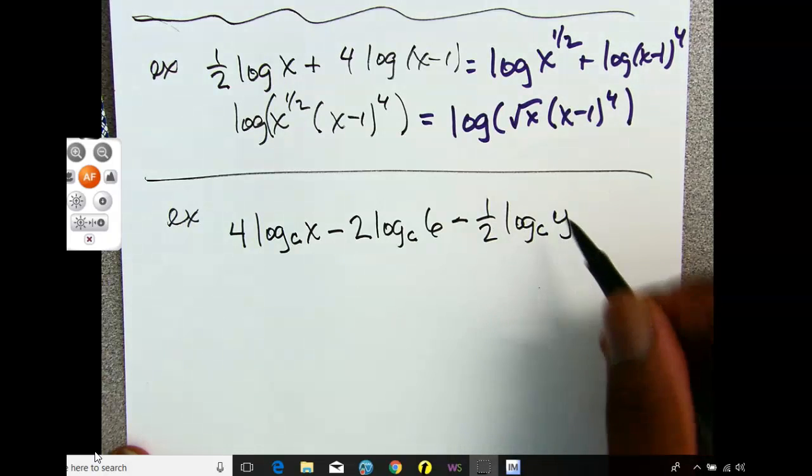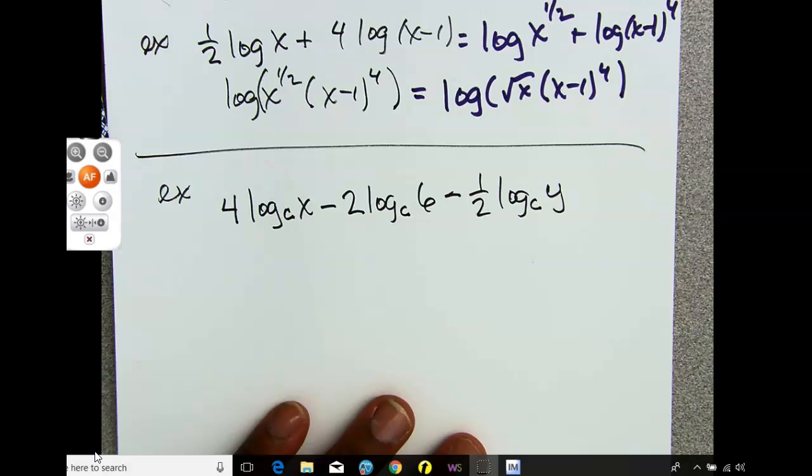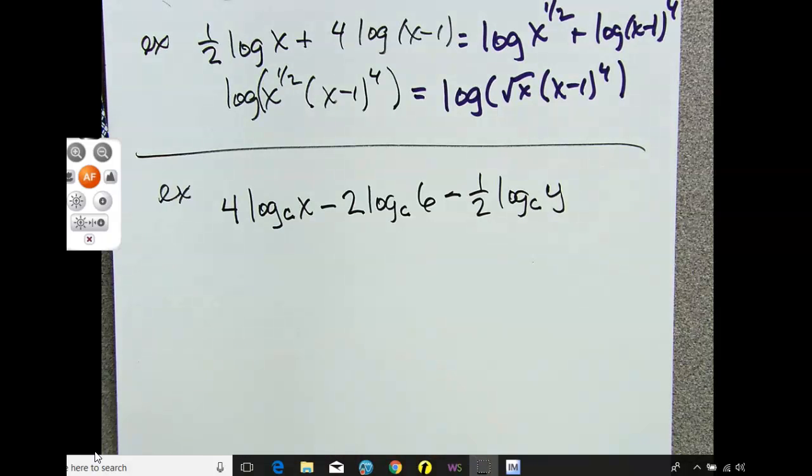So the only thing I'm going to say beforehand is be careful on this one. So 4 times log base c of x minus 2 log base c of 6 minus 1/2 log base c of y. Okay.